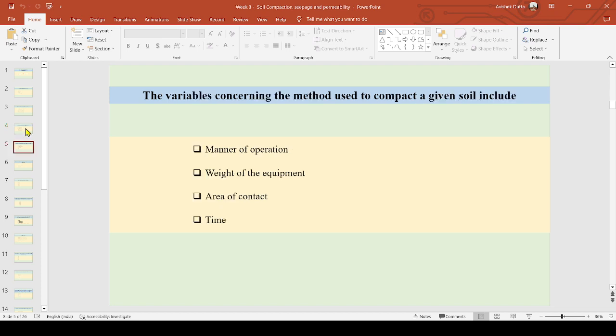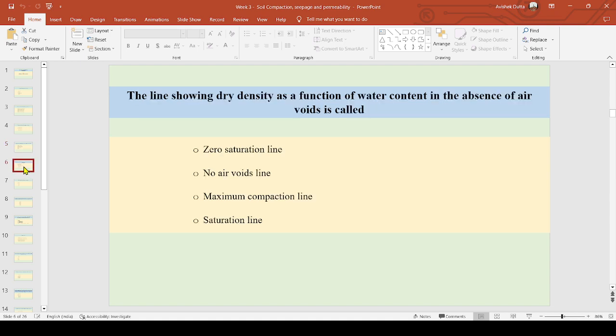Okay, the next question was, the variables concerning the method used to compact a given soil include. Another MSQ, multiple options can be correct. The variables which are related to the method used to compact a given soil. The options are manner of compaction, weight of the equipment, area of contact, or time. Okay. Next question.